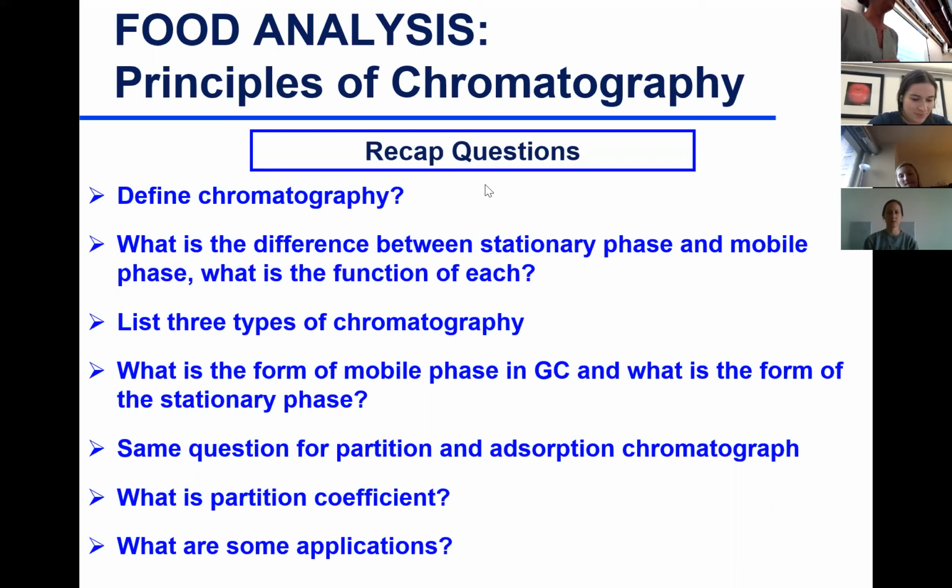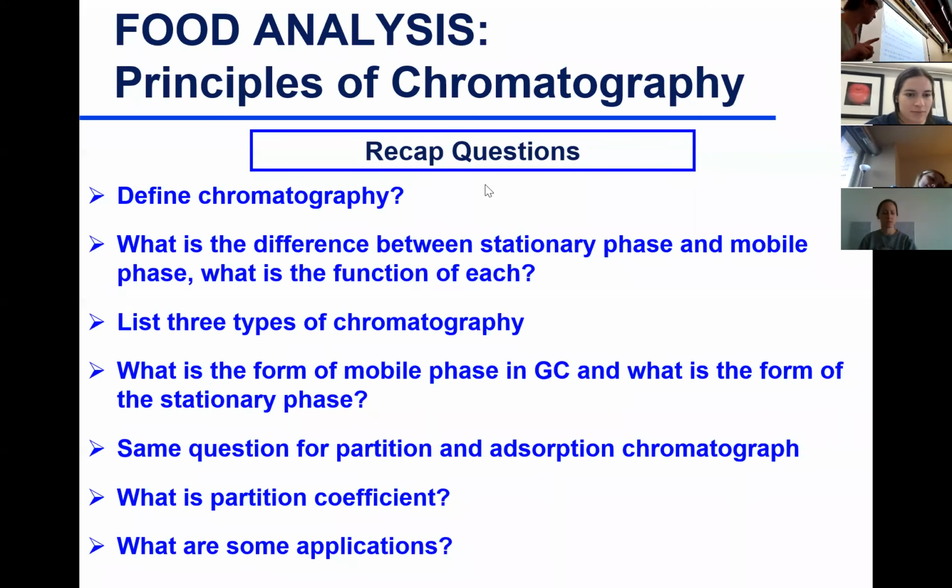So what is partition coefficient? When you hear the partition coefficient, what does it mean to you? It's a constant in partition chromatography. But what is partitioning and what is the partition coefficient? Yes, Chrissy? Exactly.